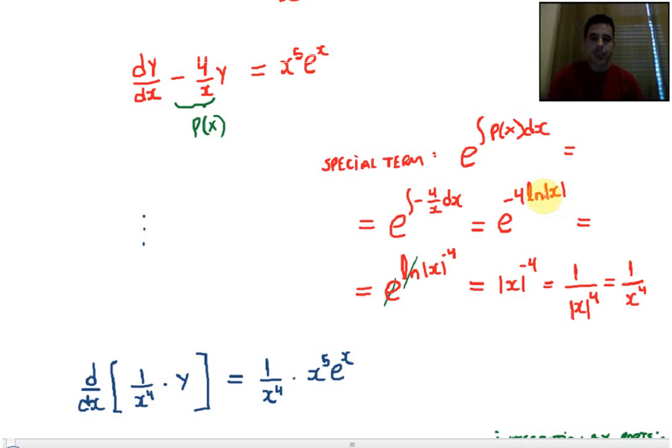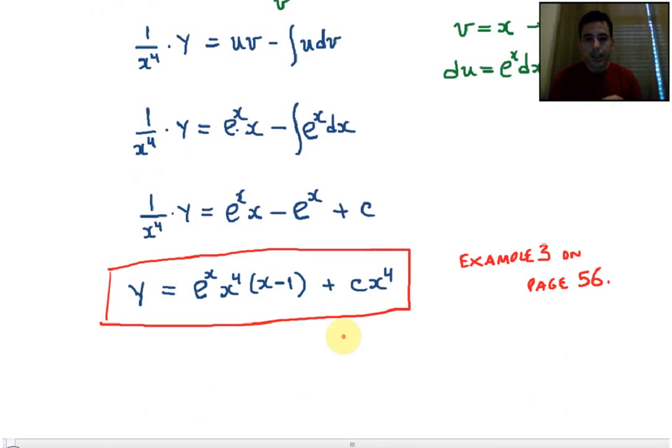So that means the interval of solution cannot be the whole interval. It has to be either x greater than 0 or x less than 0. So we can pick here the interval 0 to infinity. Okay, so that is the solution.